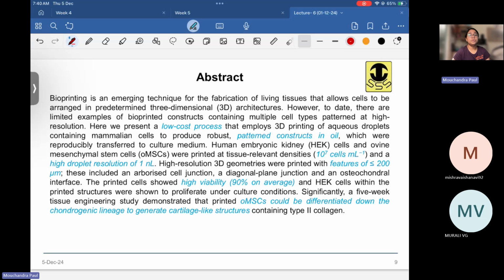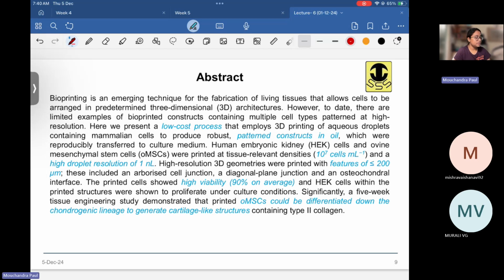But now we have multiple papers showing that we can pattern a large number of cells, like three, four, five cells, at good enough resolutions too. But here the resolution they're talking about is really good. This is the first paper where I saw such high resolution patterning of cells.